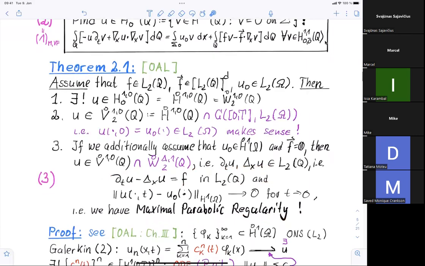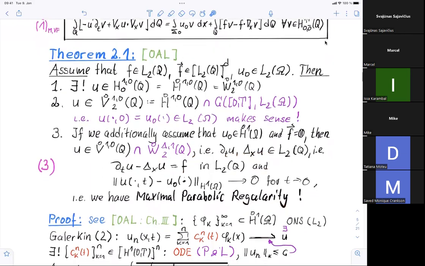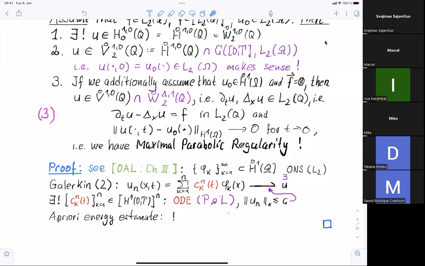So the proof idea is interesting because it leads to the vertical method of lines. She took some ordinal system in H1,0, so there exists a parabolic space.